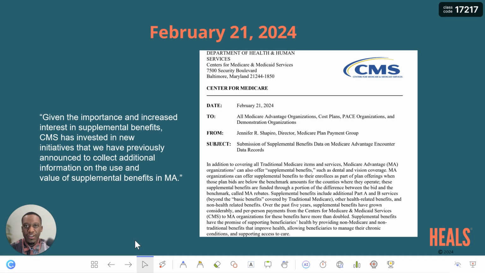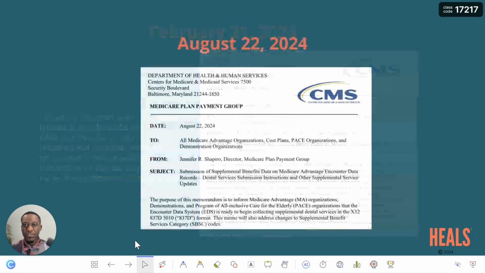Last week, we started with the memo that went out in February 21, which discussed CMS's initiative to start collecting Medicare Advantage supplemental benefits. We also touched on the August follow-up memo that informed plans that the dental benefits were ready to be submitted.